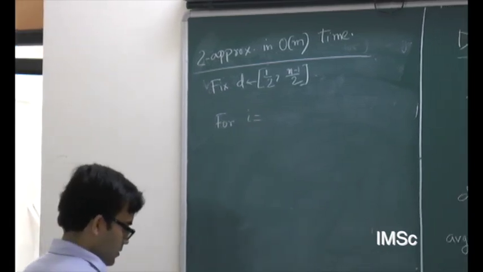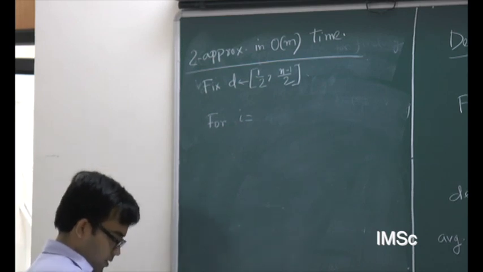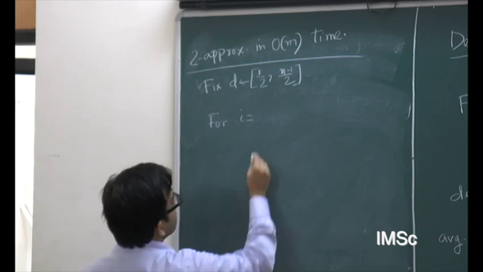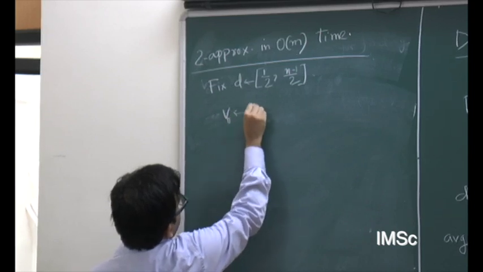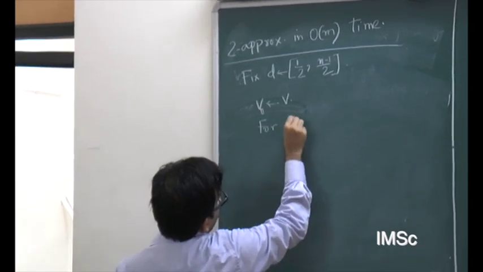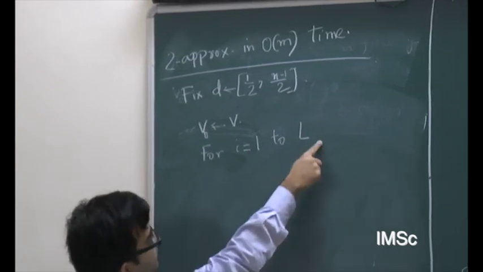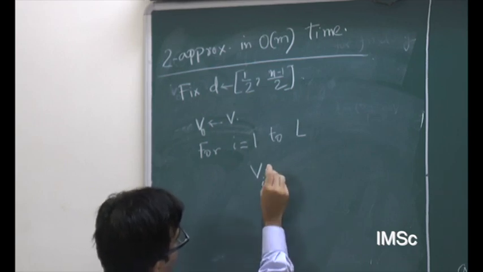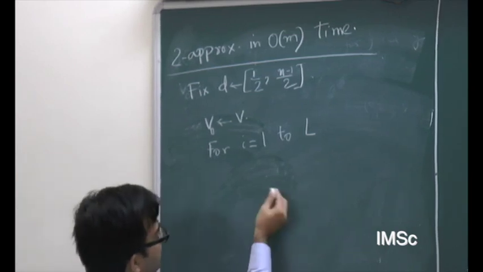let us do this. I just want to ensure that I am done with the notation. Okay. So start with V0 being equal to V, and then for i equal to 1 to L, where L is something we will define later on, you just do the same thing.